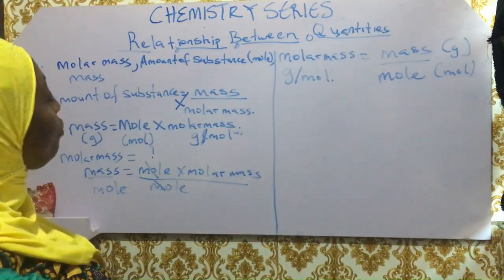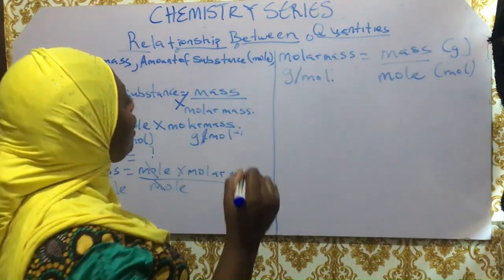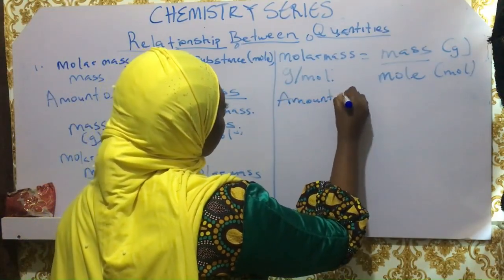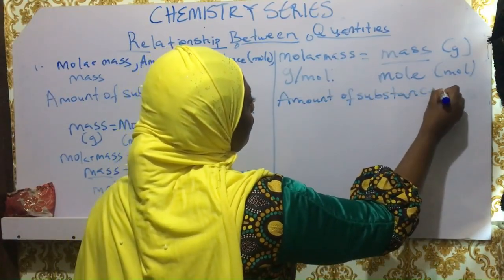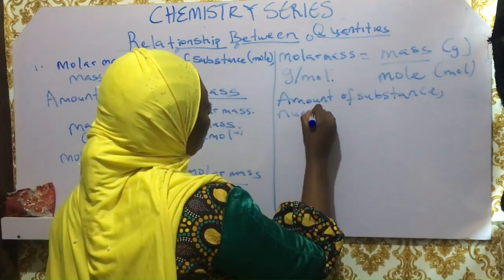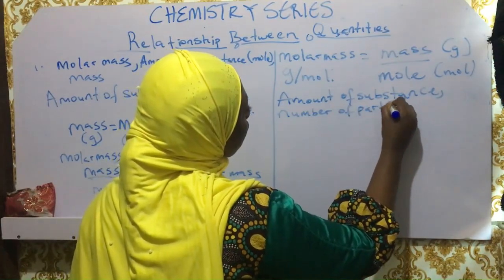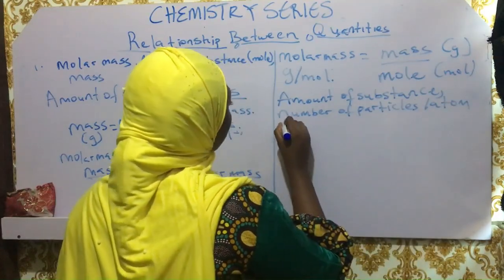Another relationship we'll also be looking at in this class is the relation between amount of substance, number of particles or atoms, and Avogadro's constant.